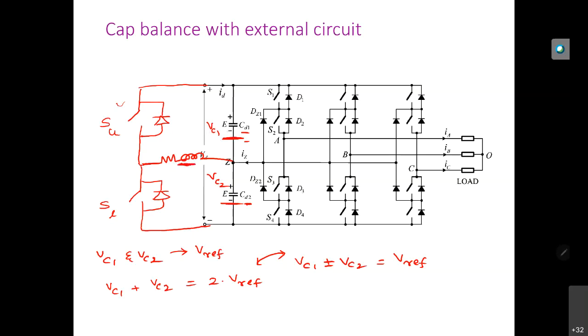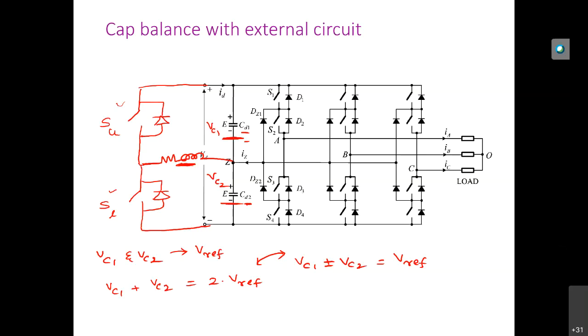Whatever excess energy is stored in the capacitor is transferred to this inductor. Now we need to turn on this lower switch. That means the excess energy is trying to charge this bottom capacitor, so that at some steady state point both capacitor voltages, VC1 and VC2, will be equal.